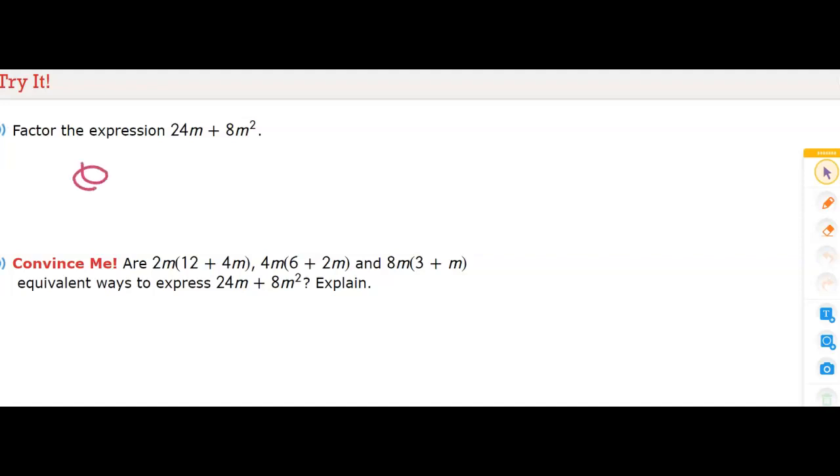So we'll have 8m on the outside of the parentheses, and then 8 times 3 is 24, and then 8m times 1m would be 8m², because m times m is m squared, so we need that. So this will be the way to rewrite this expression.